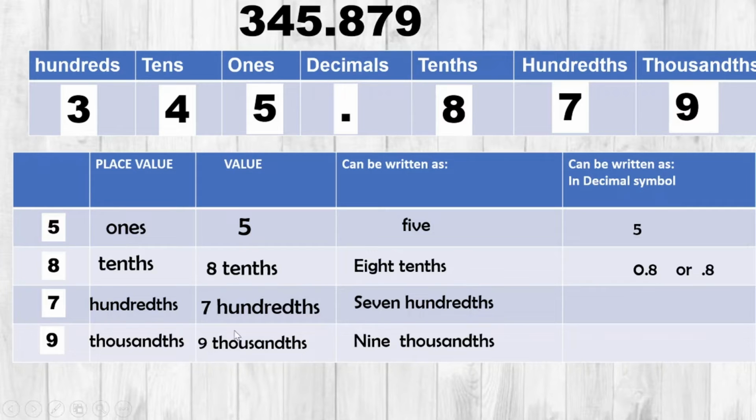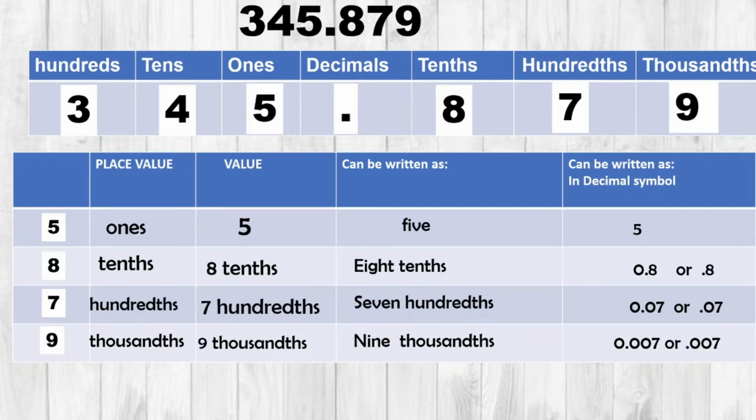How about 7? Yung 7 naman, since nasa hundredths siya, so magiging 0.07. Okay? Or 7 hundredths. Diba? Kasi yung 0, nasa tenths yan, then yung 7, nasa hundredths. Kaya pag siya lang yung sinulat mo, ganyan ang kalalabasan, 7 hundredths. How about thousandths or the 9? Paano naman natin siya sinusulat? So since nasa thousandths siya, so we are going to write it 0.009.